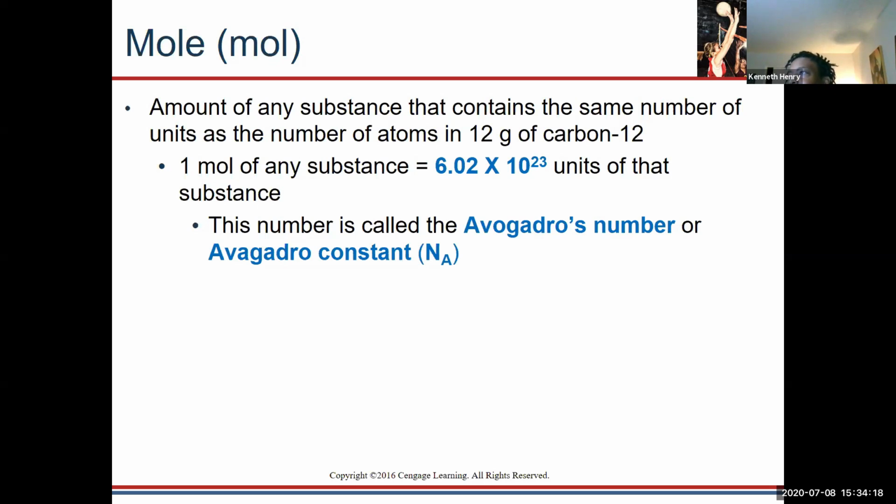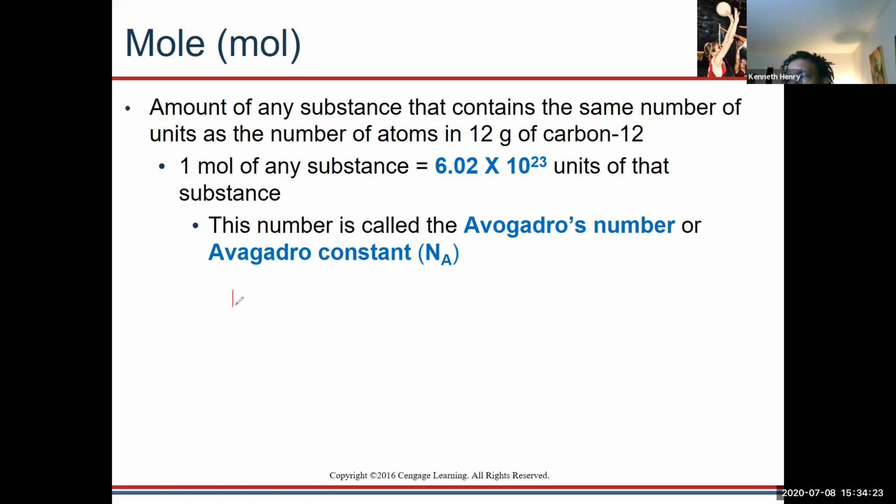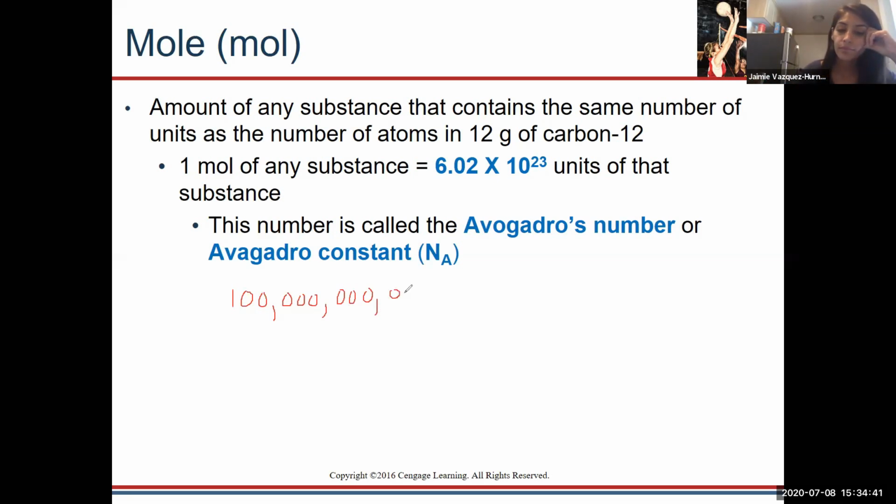So let's talk about $1 trillion. How many zeros do we have for $1 trillion? Help me correct me when I'm wrong. You have about 14, I think it was. Okay.